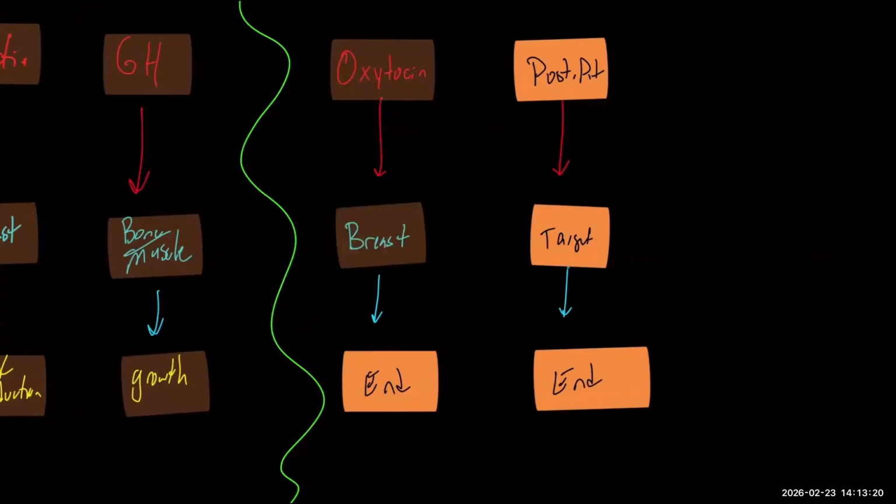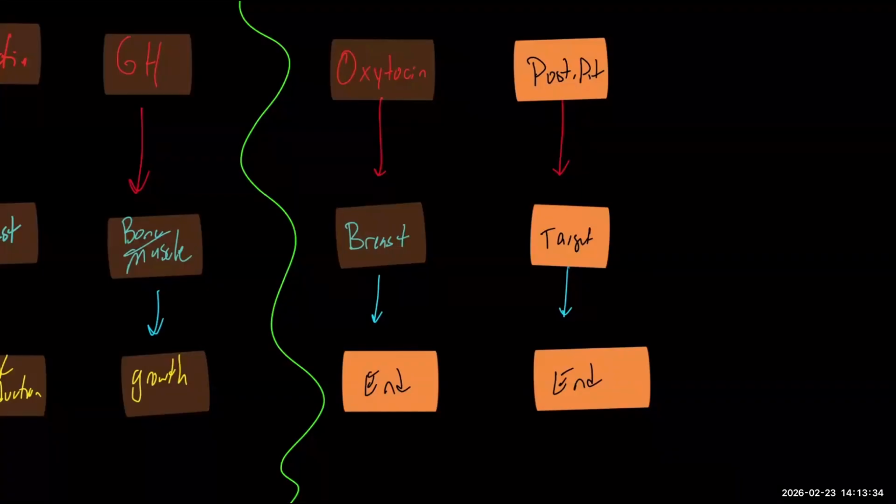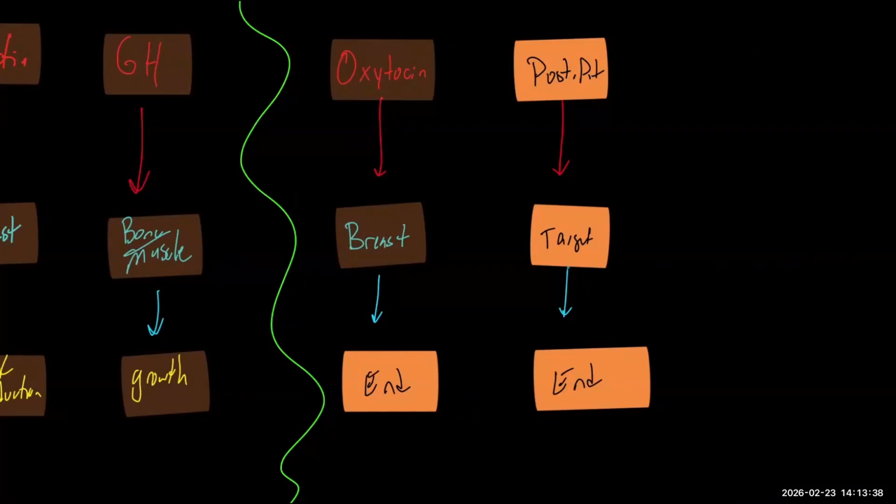Oxytocin, the target is breast, but it also has another target. Where else does it hit? Only during certain parts of life. Uterus for uterine contraction, to start labor, and then also to treat uterine atony to stop the bleeding after delivery. So that's what oxytocin is for. And then milk contractions and milk let down.